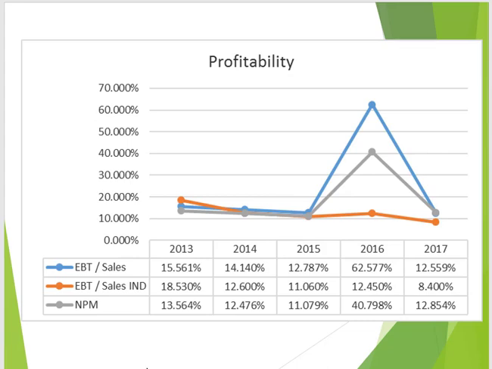So now let's look at the bottom line. EBT divided by sales for the company and industry. Obviously, we still have blue and orange. And we see that in general, they're very close together. But you might say that in general, the company is more profitable, bottom line wise, than what the industry is. The industry is orange.